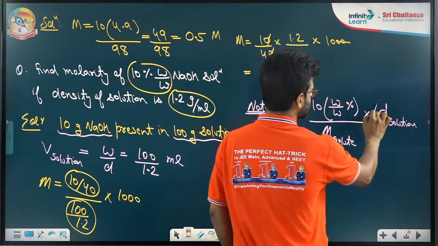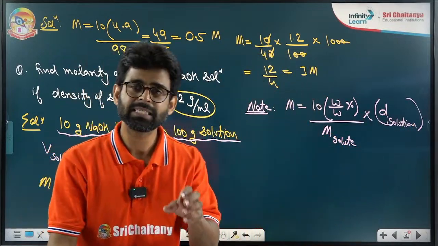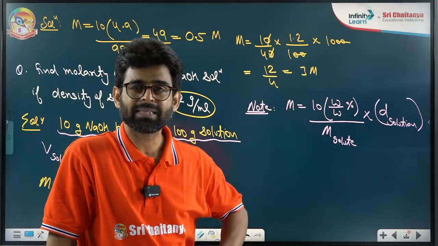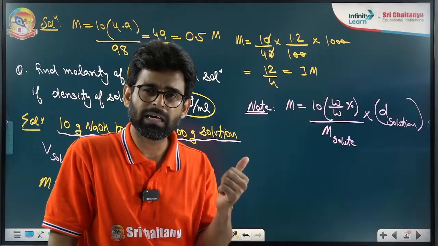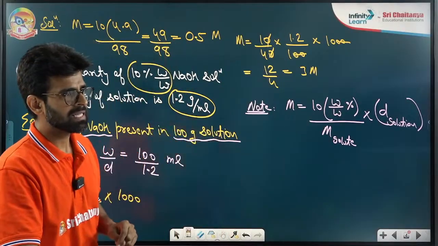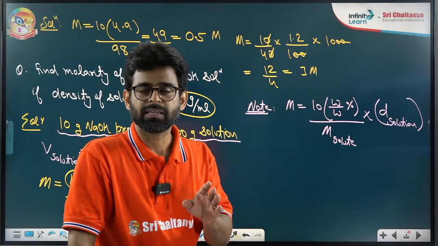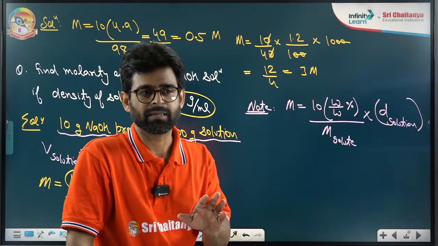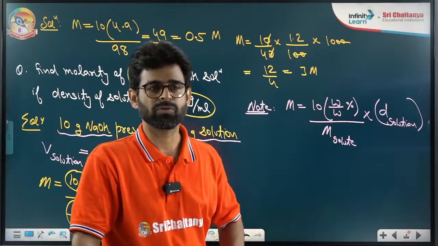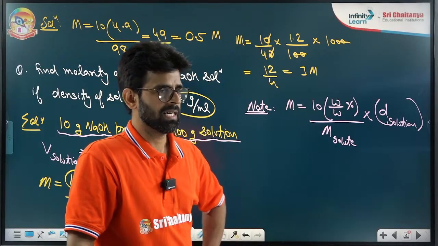So what is the difference in this formula from the previous formula? When weight by volume was given, there was no need of density. But when they gave me weight by weight, then you see we need the density of solution. In this case we need density, right?